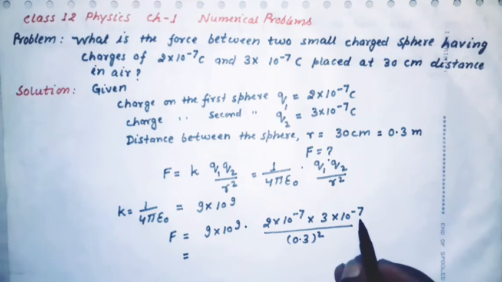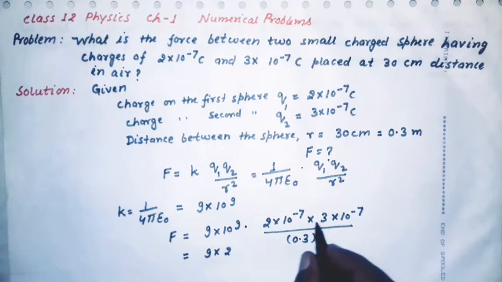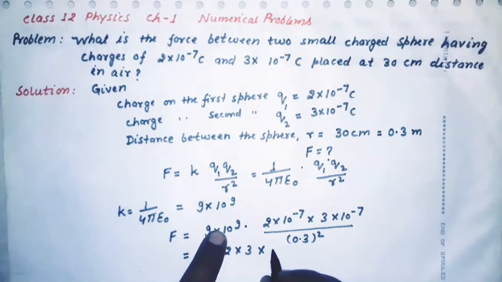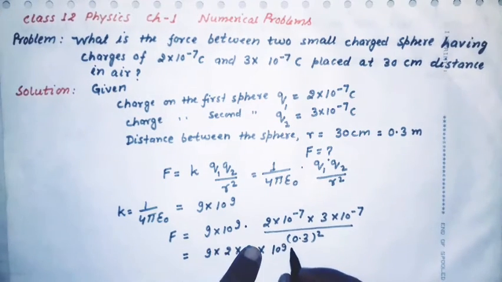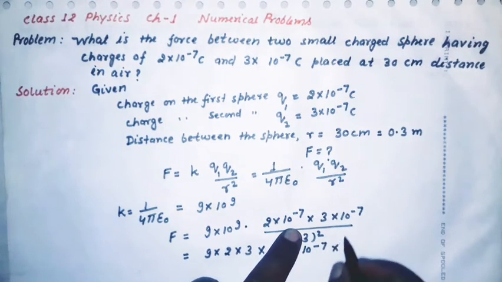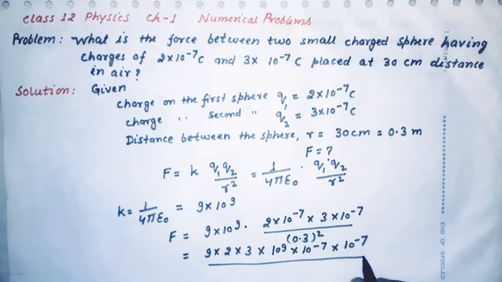Take the powers of 10 together and the numerals together. So this comes out as 9 × 2 × 3 into 10^9 × 10^-7 × 10^-7, divided by 0.3 × 0.3.